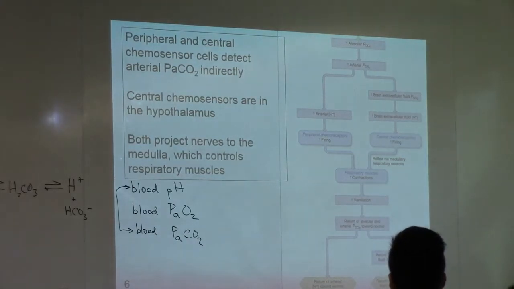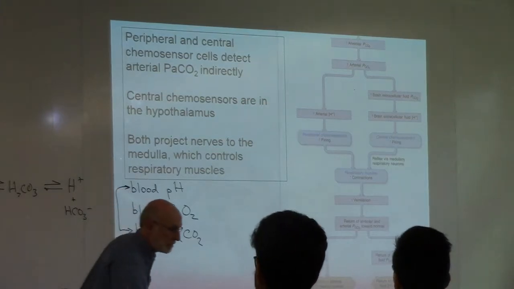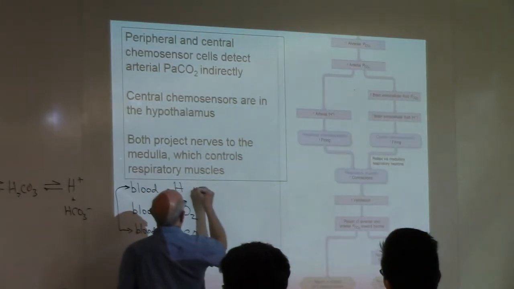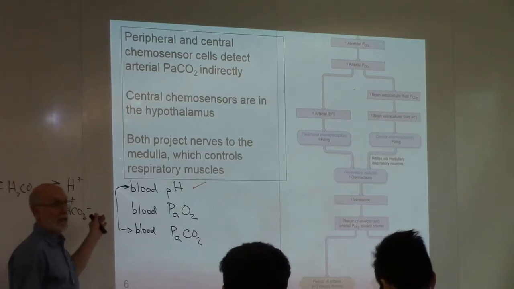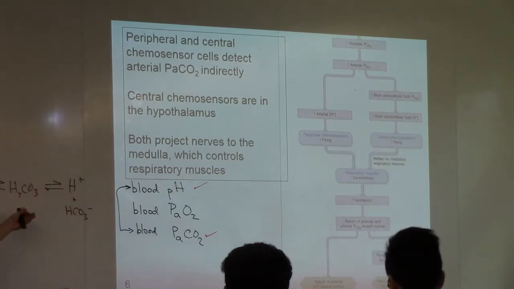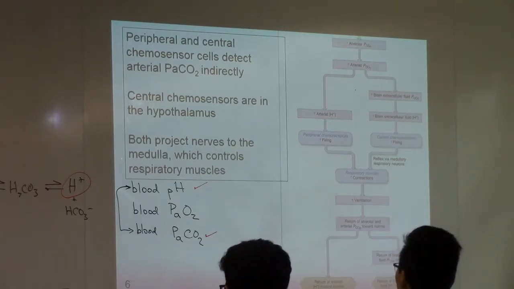Let's start with a focus on detecting pH, because pH is going to be our proxy for detecting CO2. Because if we detect protons, we're indirectly detecting CO2.